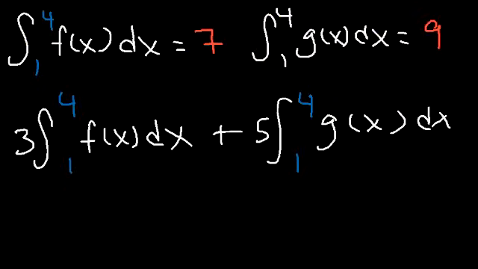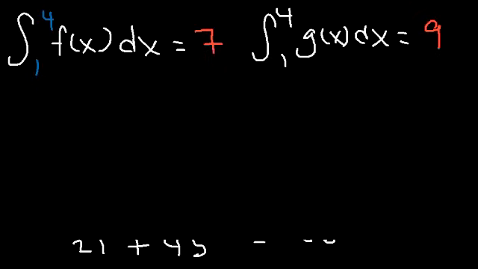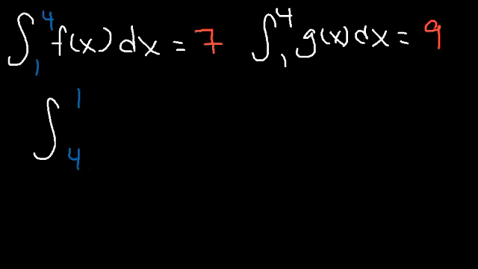To find the answer, you simply need to plug in. It's going to be 3 times 7 plus 5 times 9. So that's 21 plus 45, which is 66. And so that's all you got to do there. Now, what is the value of the definite integral from 4 to 1 f of x dx?